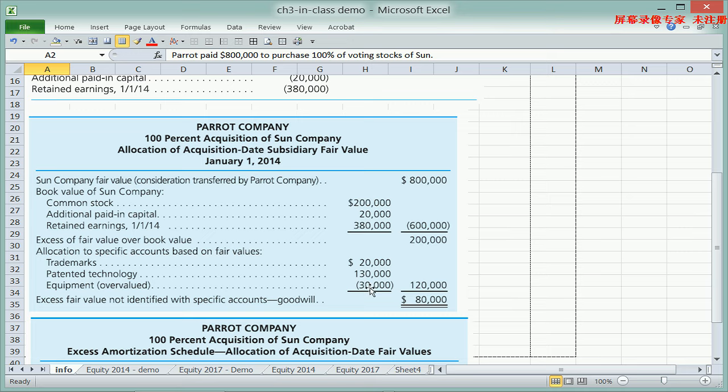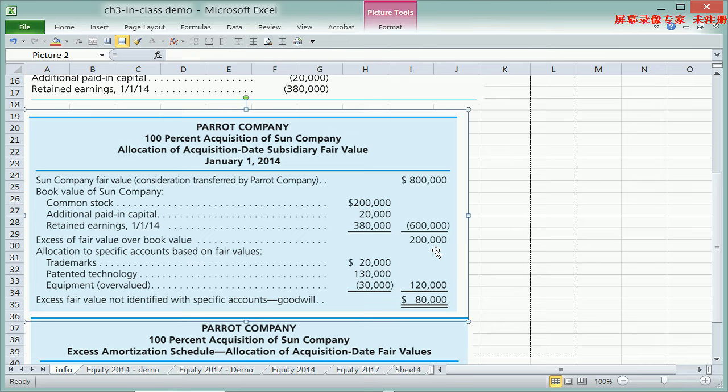This is the allocation table. The consideration transferred was $800,000. It was allocated to the $600,000 of book value, including common stock, additional paid-in capital, and the retained earnings at 1/1, where the acquisition happens. And the $200,000 was the excess paid by the parent, and it was allocated to different assets and liabilities.